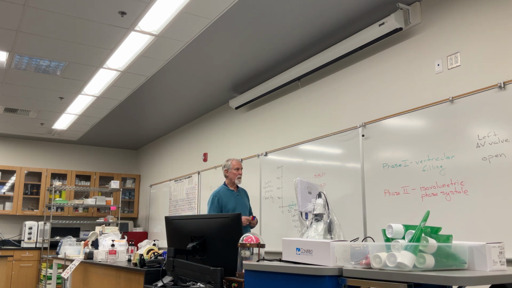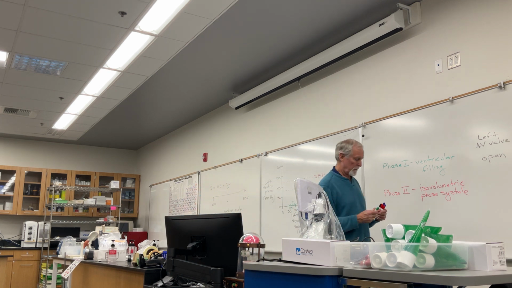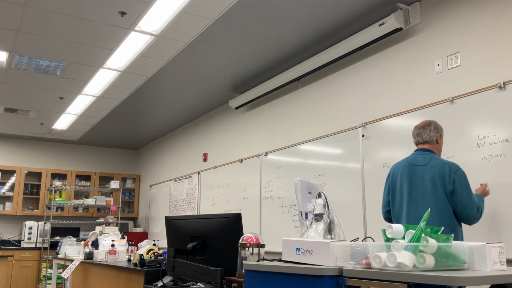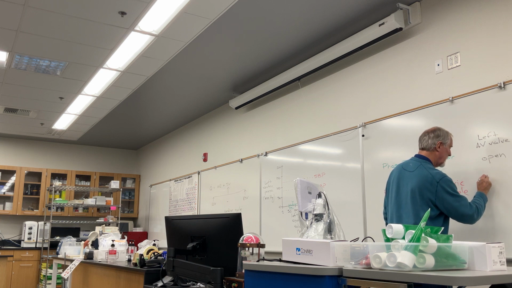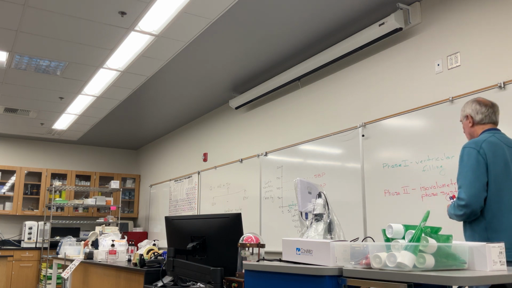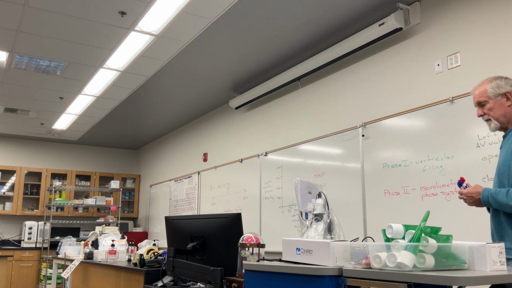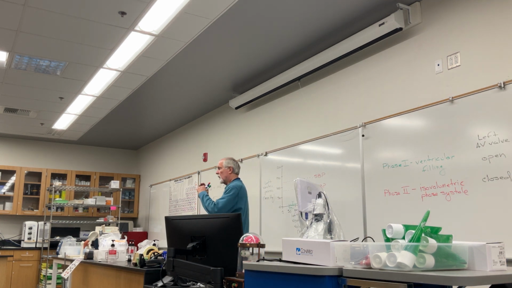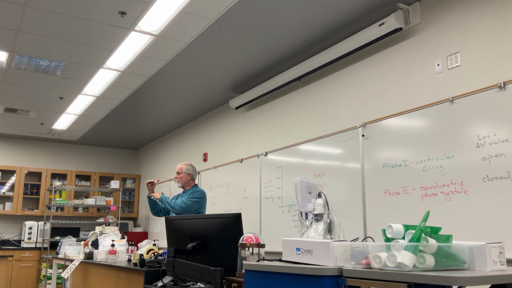What's the position of the left AV valve during phase 2? Very good. And what's the position of the aortic valve during phase 2? Right? We're in logic 101 land. The only way the volume of blood in the left ventricles can stay constant is if both valves are closed.